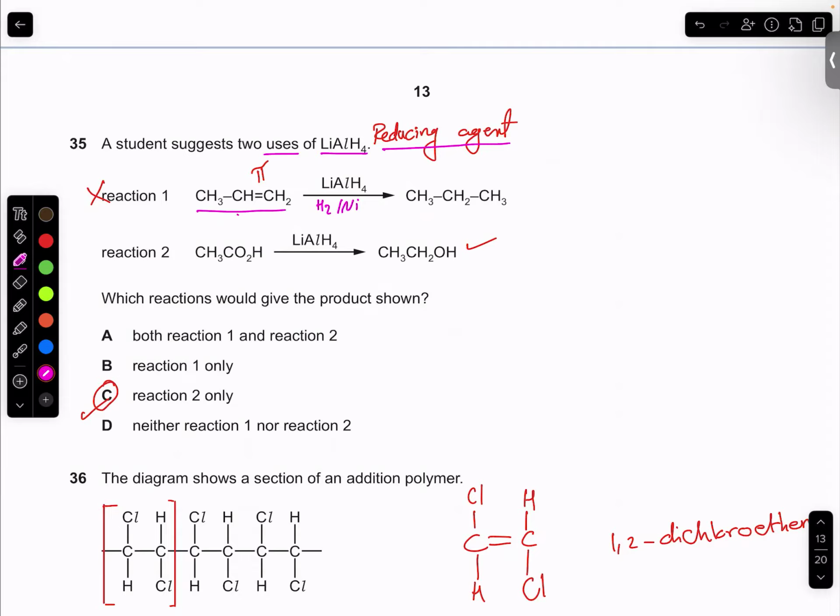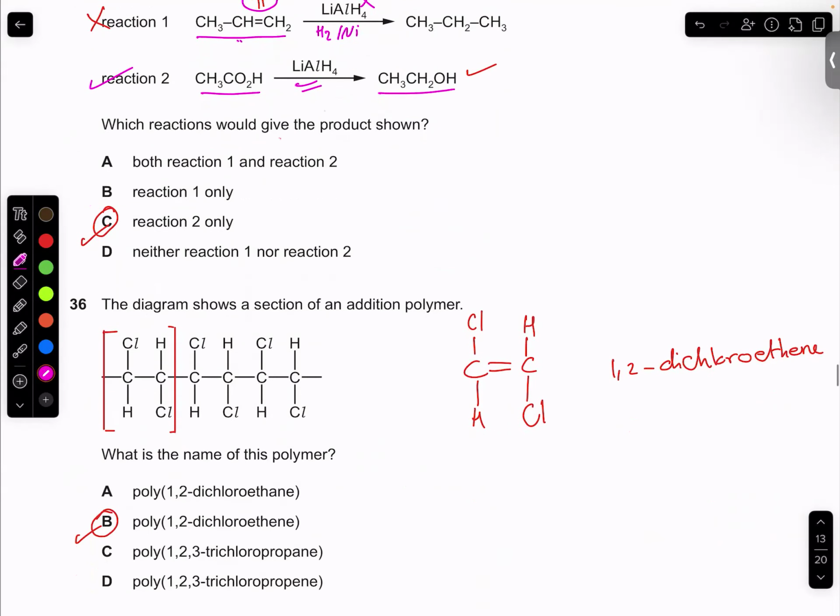But LiAlH4 is not a reducing agent in this case because of the presence of the pi bond. Reaction number 2, this is ethanoic acid. Ethanoic acid in the presence of LiAlH4 can produce alcohol. This is normal. So reaction 2 can happen.